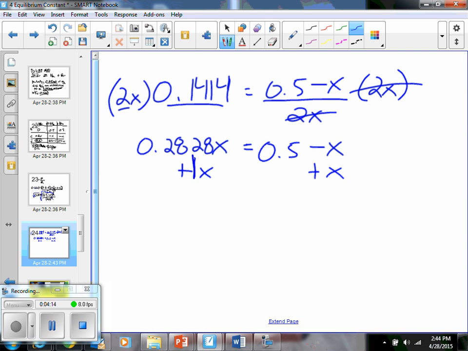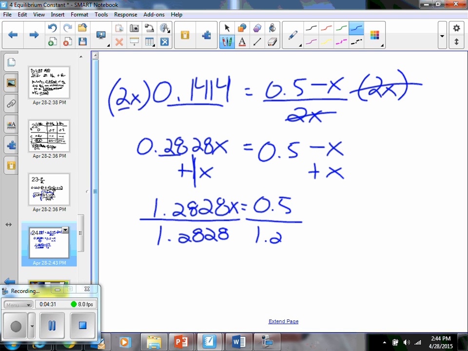The coefficient here is 1, so it's going to be 0.2828 plus 1. Now I can just divide both sides by 1.2828. And we get an x value of 1.77.